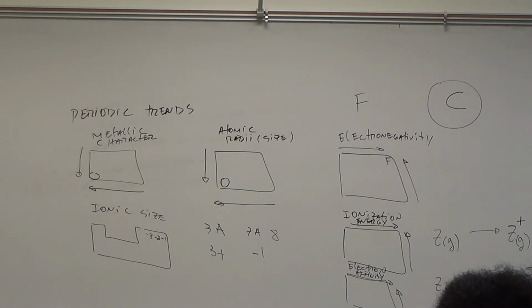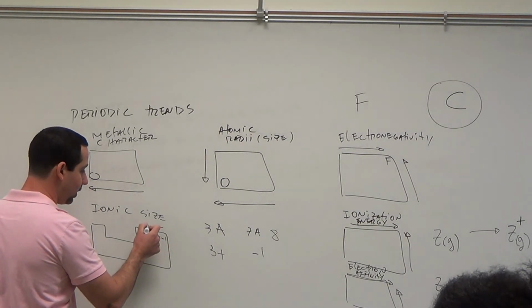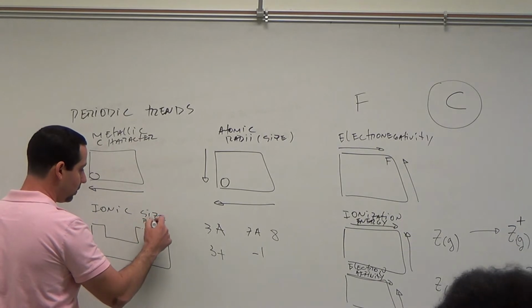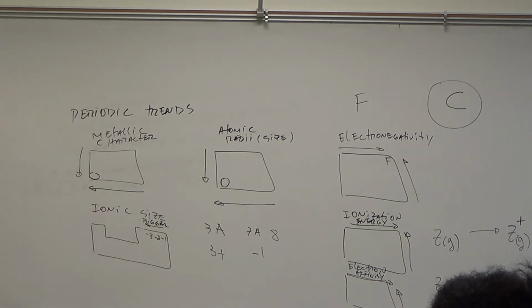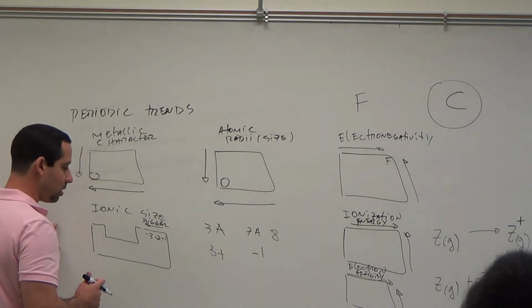So ionic charge for these here increases this way. Yes? This one is bigger. This one is bigger. Yes. Ionic charge. Because they are gaining pounds, yes? I mean, not pounds, they're gaining electrons. So they get bigger and fatter. Outstanding.